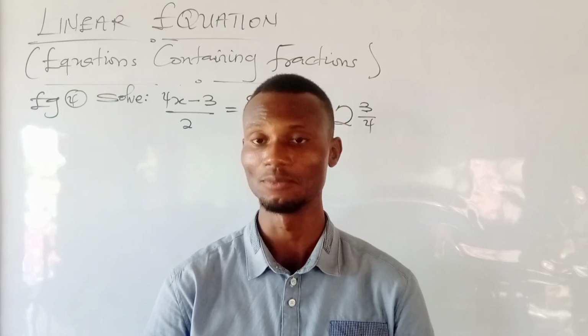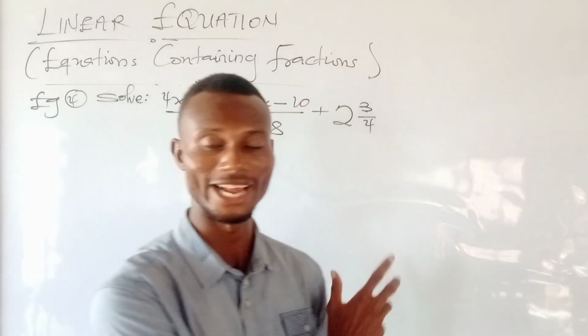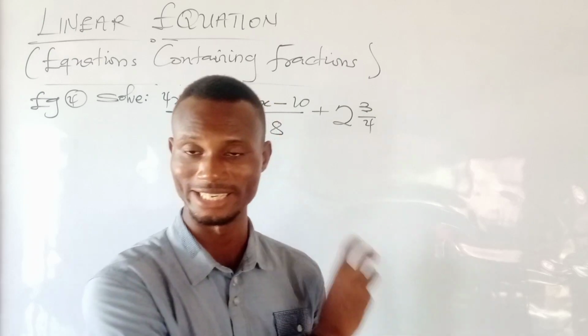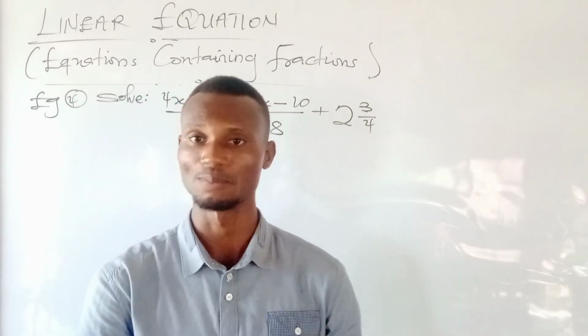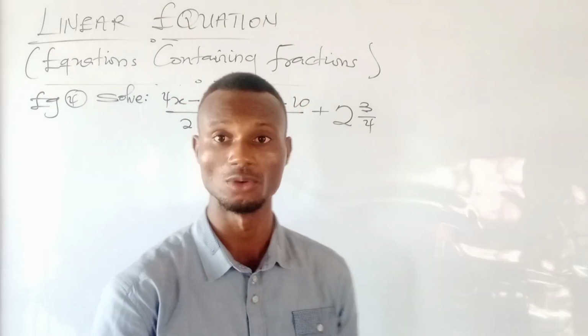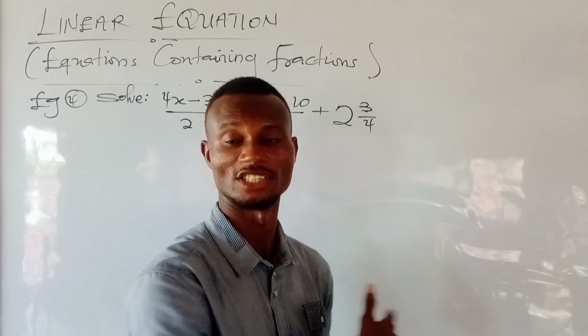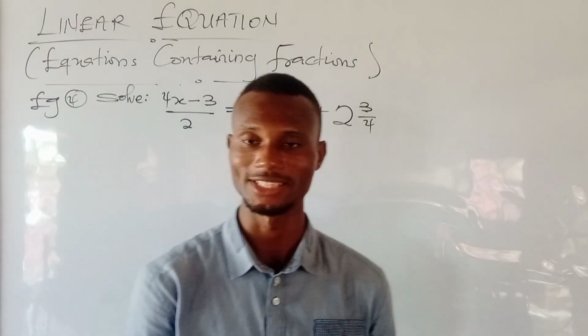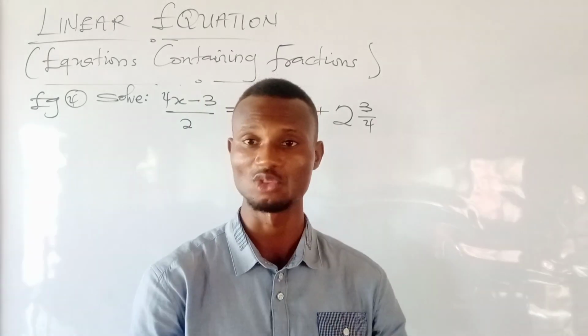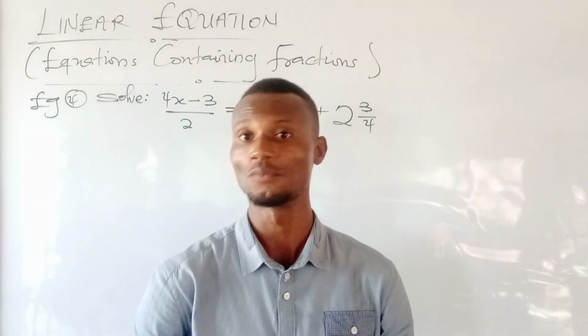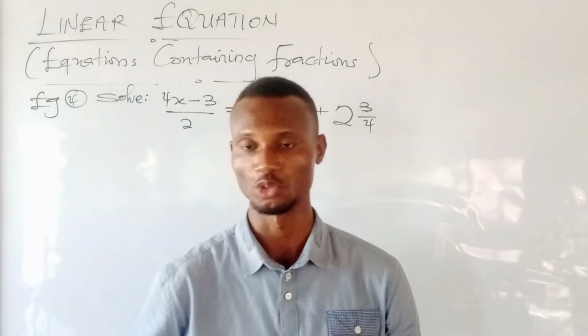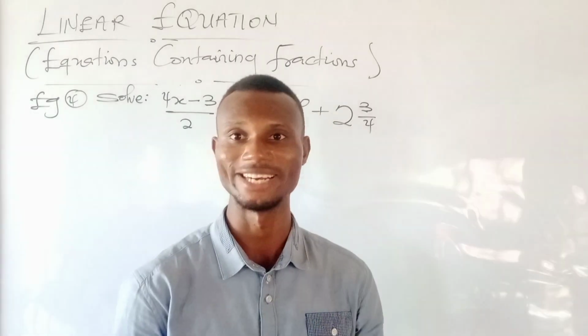That's the first step. However, this question has a mixed fraction in it, so we cannot multiply through by the LCM until we've changed the mixed fraction to an improper fraction. Hope the explanation is clear enough.